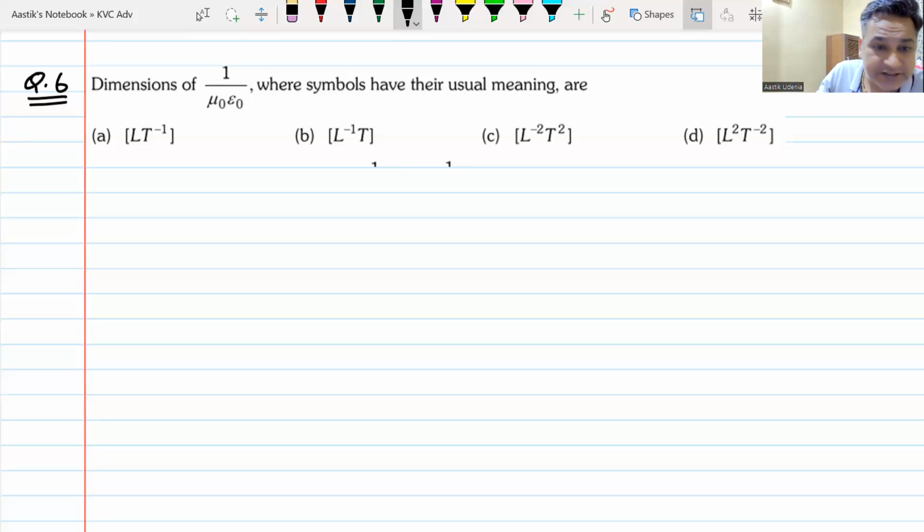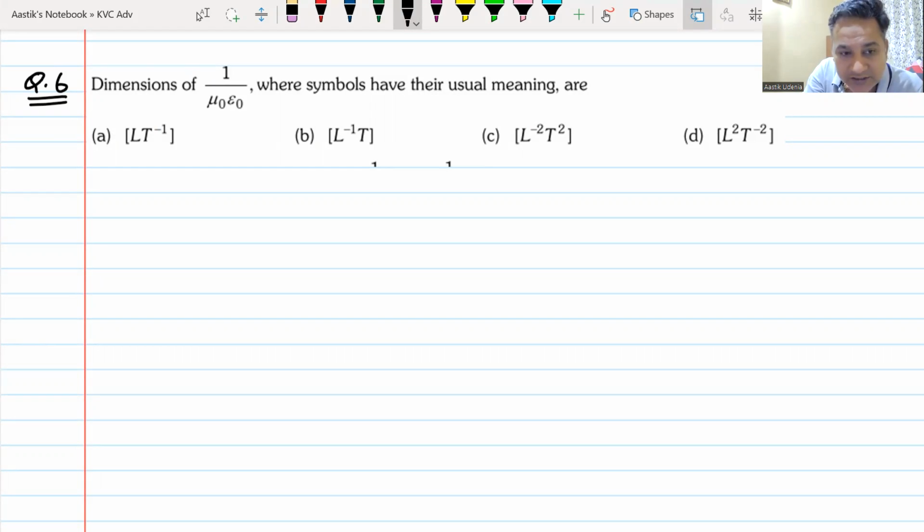Now remember, there are certain things that you will have to remember. There are certain golden things that you will have to remember, the dimensions of certain quantities, because in the examination hall it won't be possible for you to find out the dimension of mu naught, find out the dimension of epsilon naught, then divide 1 by mu naught and epsilon naught.